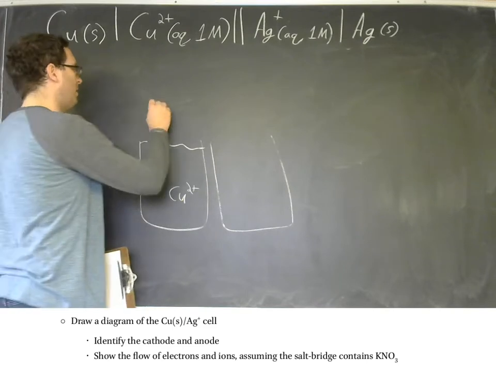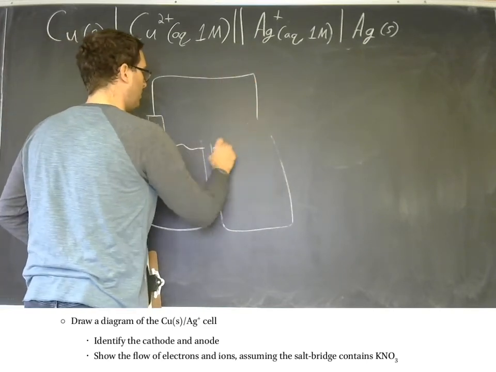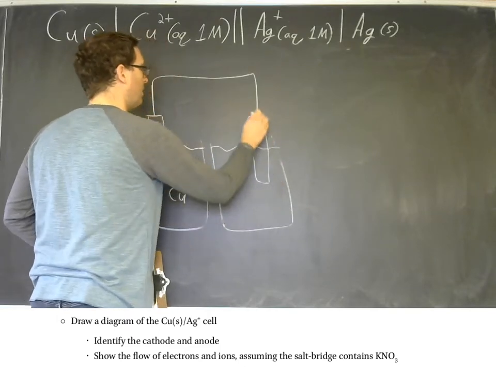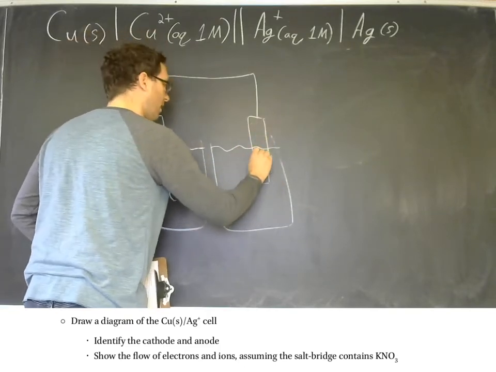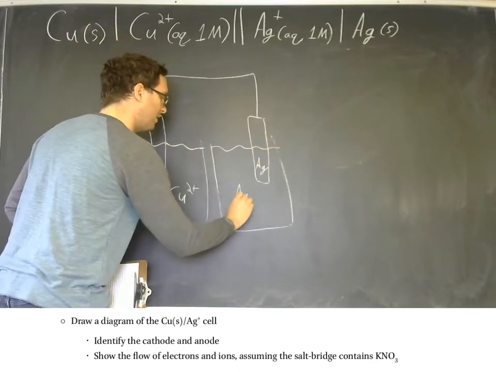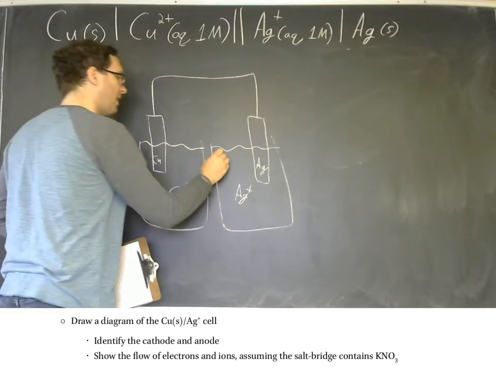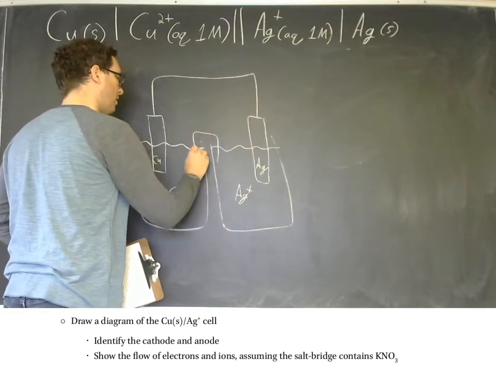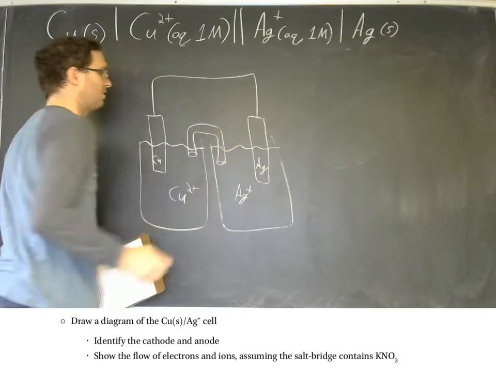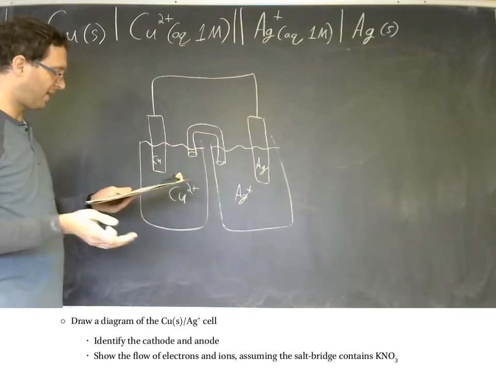And they're going to be connected by a wire to the cathode that has a big rod of silver metal and silver plus ions in solution. And then I will also draw that enigmatic but necessary salt bridge. There it is.